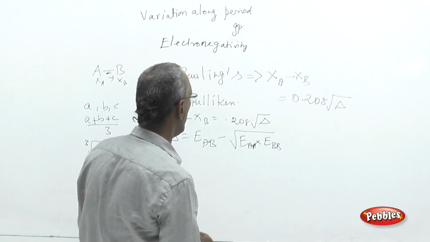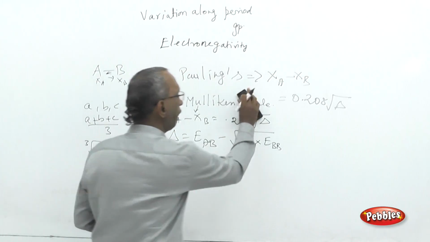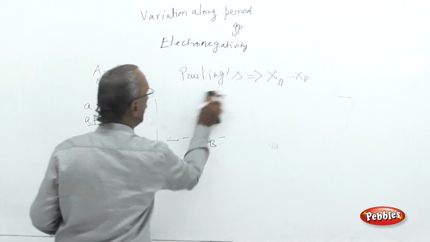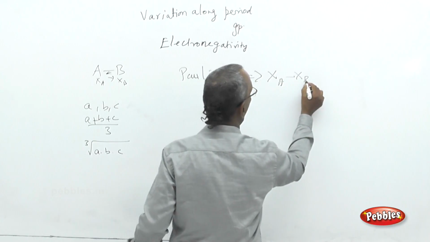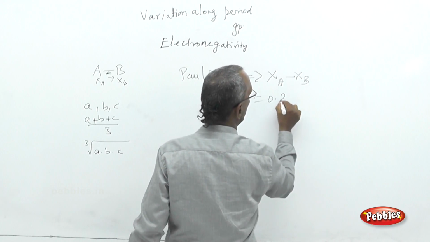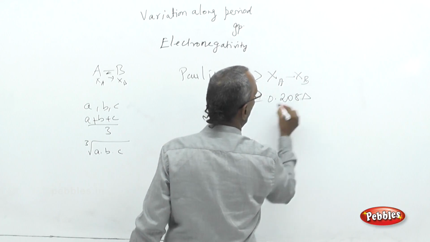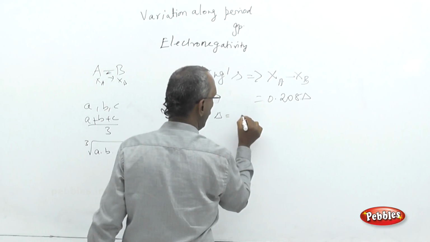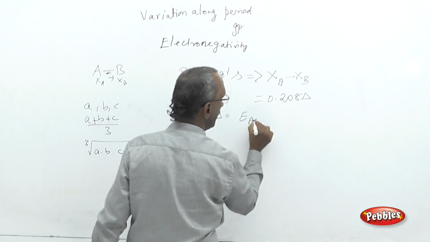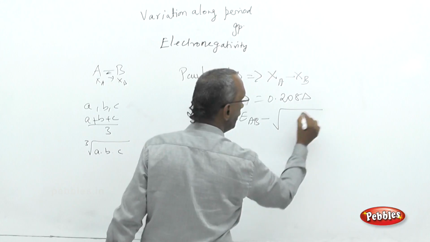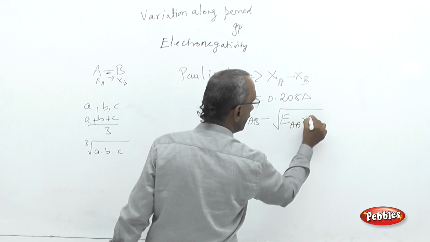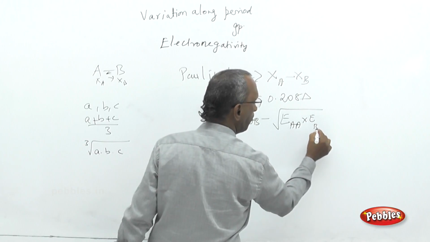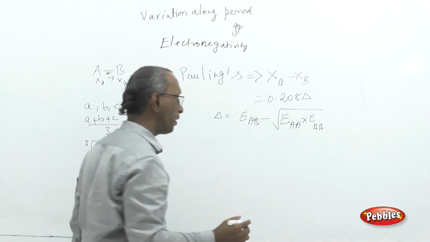So this is the definition for Pauling's scale of electronegativity: Xa minus Xb equal to 0.208 delta. Delta is defined as EAB, the bond energy between A and B, minus the geometric mean of the bond energies of homonuclear compounds EAA and EBB.